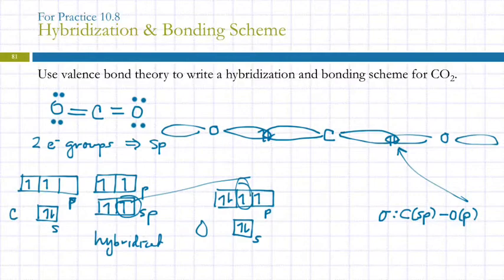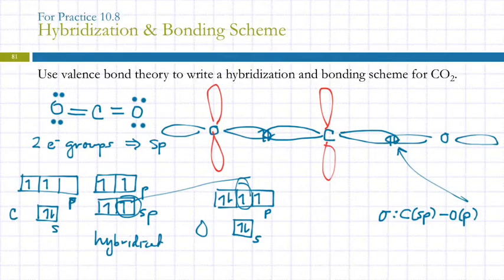And then we've got the p orbitals. So carbon has an up and down p orbital. Oxygen has an up and down p orbital. The other p orbital on this oxygen has a lone pair in it.